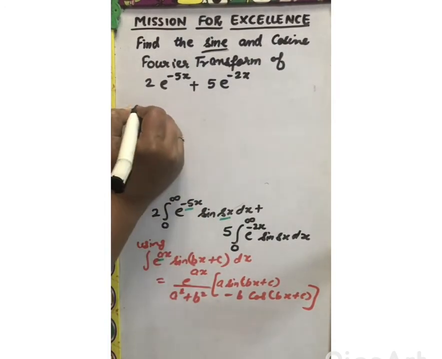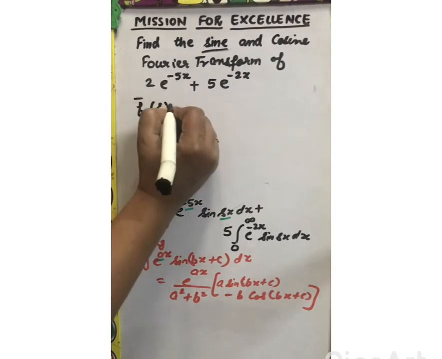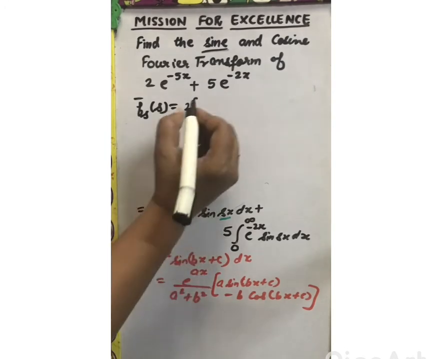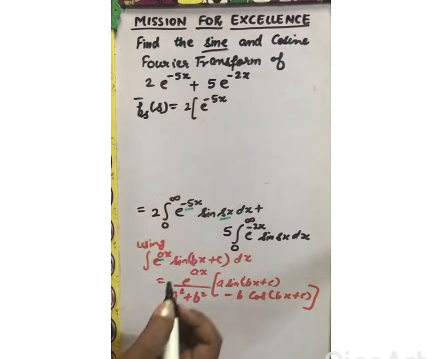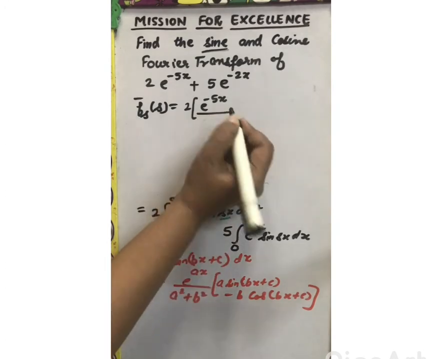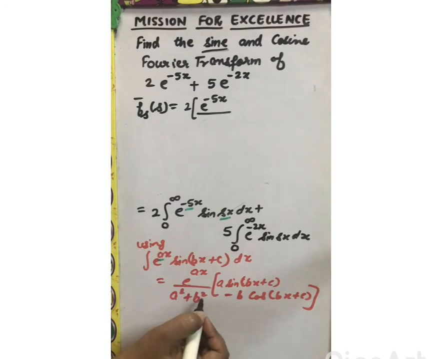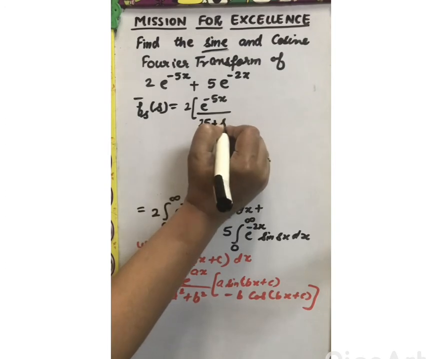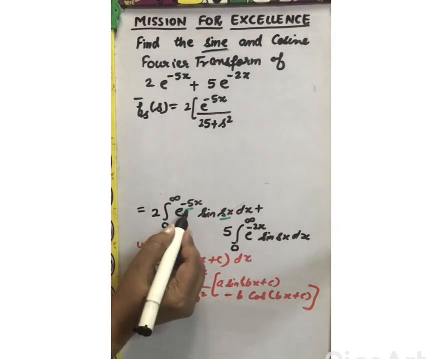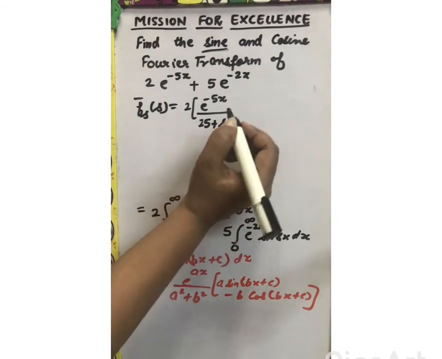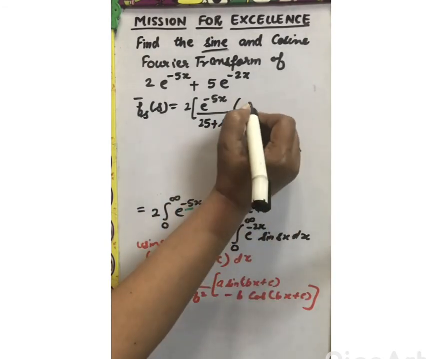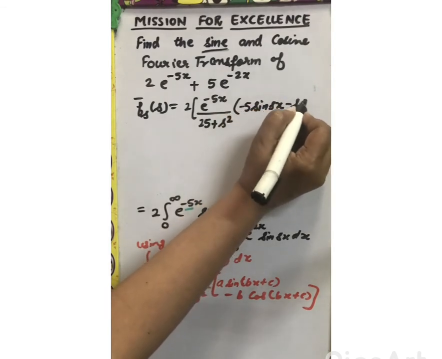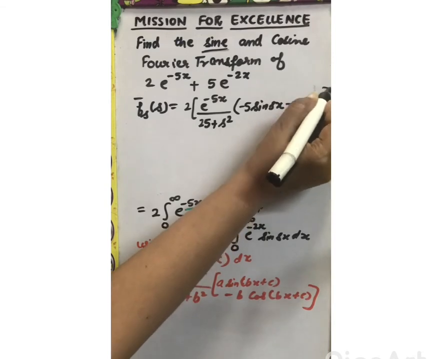So let us write here. We get the Fourier sine transform as 2 e^(-5x) upon a square plus b square, where a is minus 5 and b is s. So we get here 25 plus s square. A is minus 5, so minus 5 square is 25, into minus 5 sin(sx) minus s cos(sx).